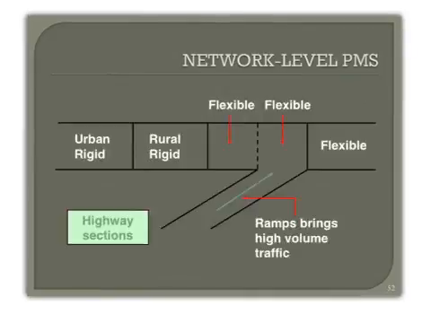Here is an example of network level PMS. As you can see, we may have an urban rigid, a rural rigid, and then as we come closer to the intersection, we have flexible pavements as well. So the way we section this highway is, first of all, rigid versus flexible pavements.